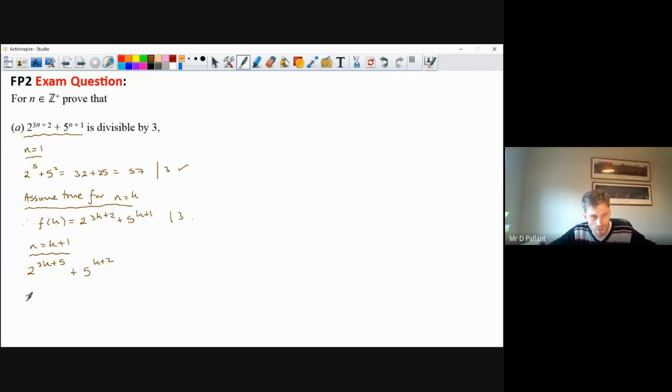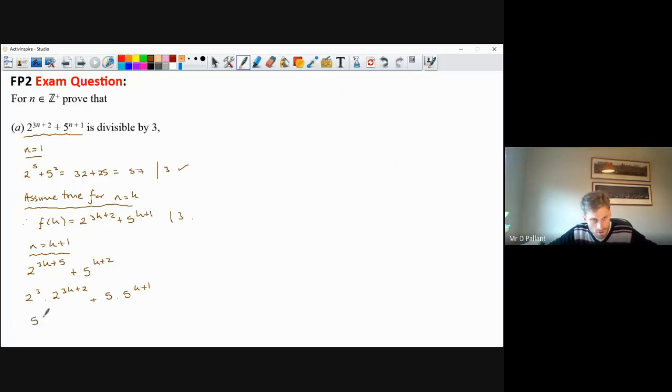So if I factor out the 2 cubed, that will leave me with 2 to the power of 3k plus 2. And if I factor out a 5, that will leave me with 5 to the power of k plus 1. So obviously that's 8 and that's 5. So if I factorise out the smaller of the two, I mean, you could do the bigger and then it doesn't matter really.